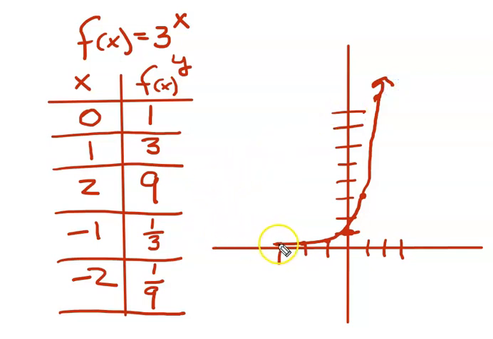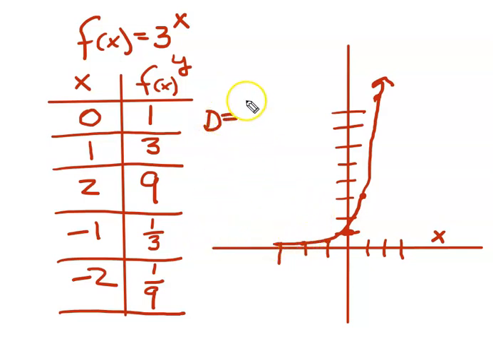Now, this gets closer and closer, as the fractions get smaller and smaller, to the x-axis, but never reaches the x-axis. We're going to talk about that a little bit later. So while we're here, let's do our domain.